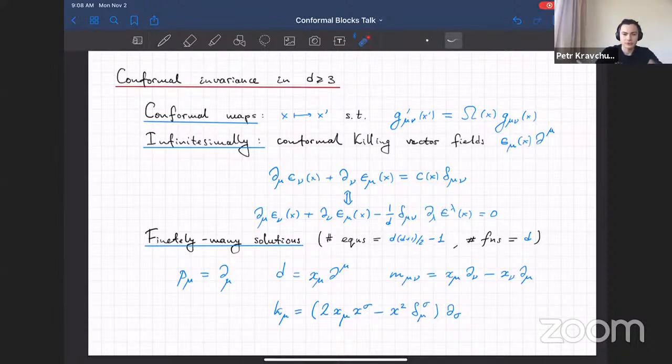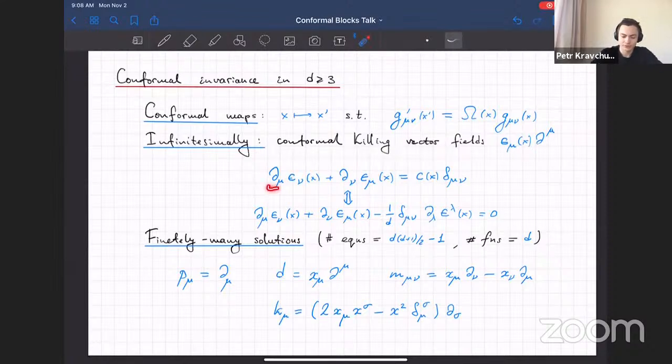We look at vector fields which generate these transformations, and the condition that these transformations preserve the metric up to a factor leads to this equation on the vector fields in flat space. Such vector fields are called the conformal Killing vector fields.